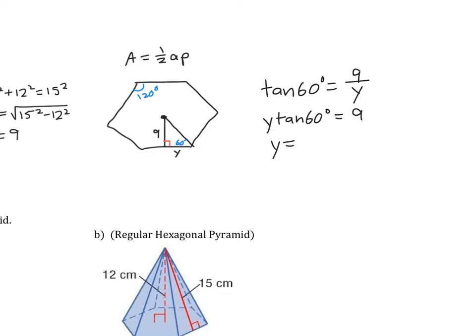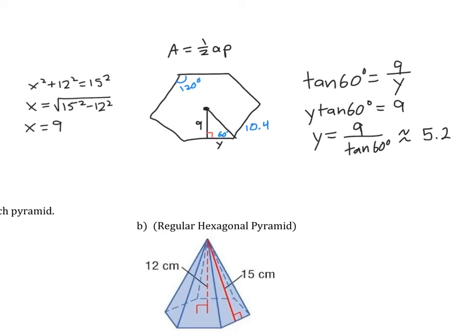And then we're going to divide both sides by the tangent of 60 degrees. This we can plug into our calculator for a decimal approximation of about 5.2. So again, that's going to be the length of half of our side. So if we double that, then we know that each side length is going to be 10.4.